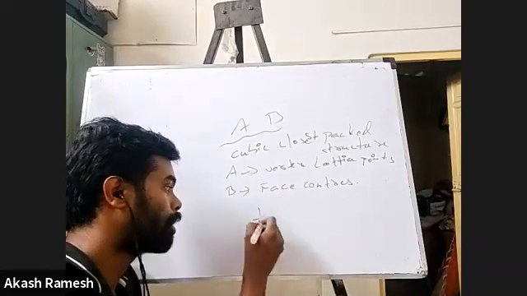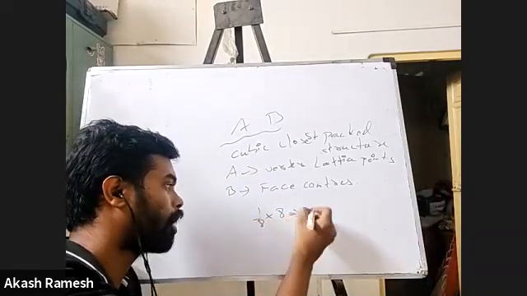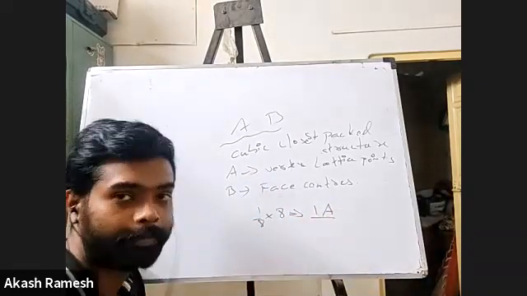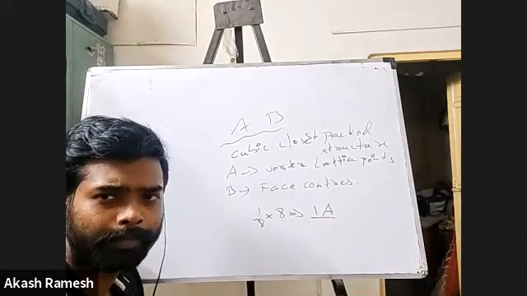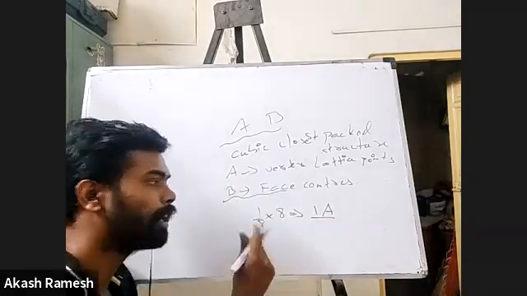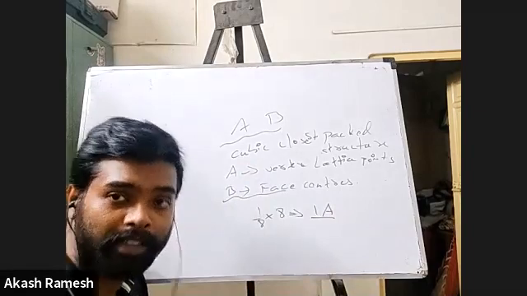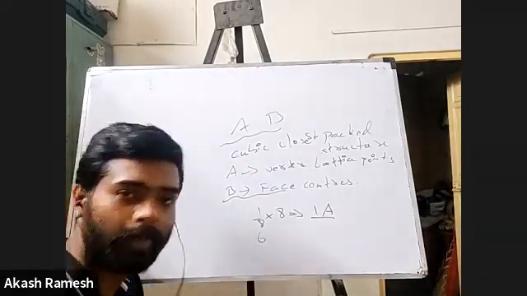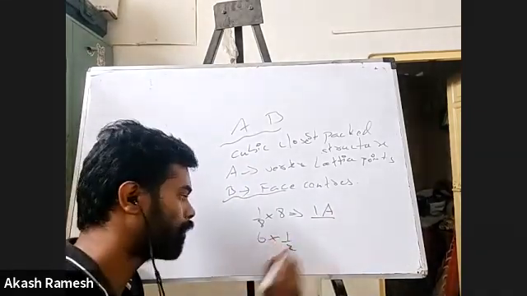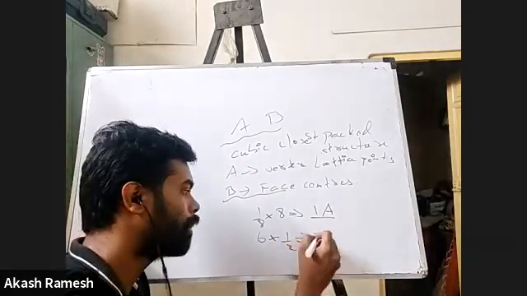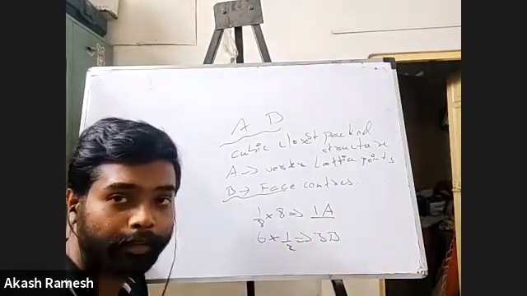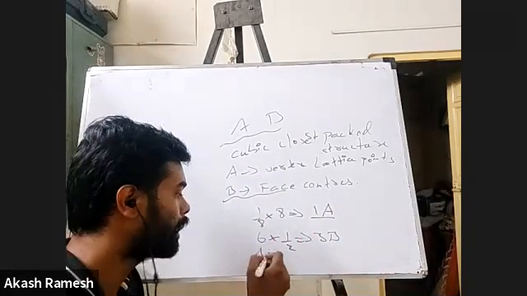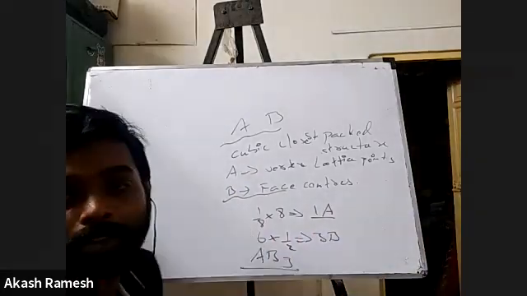I know the contribution is 1/8 and I have 8 corners, so I'll have only one A. Now, B is occupying the face centers, and I know I have 6 faces. The contribution of each face is 1/2. So basically, I have 3 B's. So what is the formula? AB3. This will be the formula.